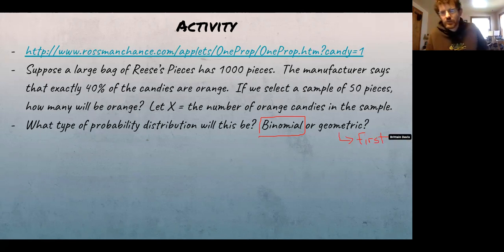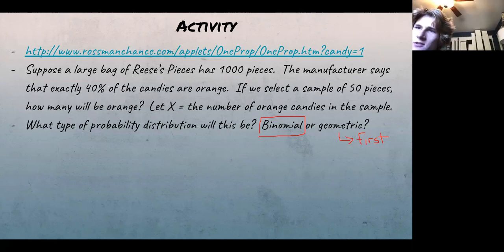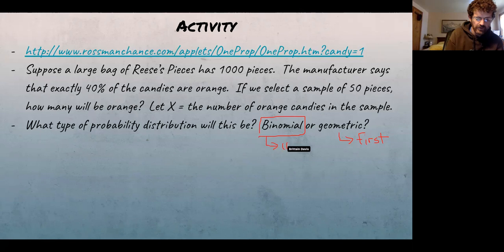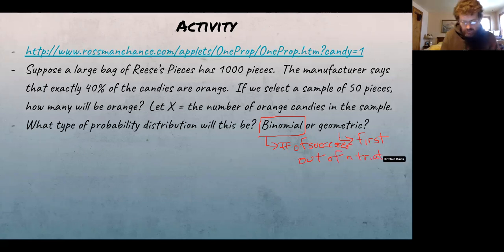What is binomial looking for? The number of successes in a certain number of trials. There you go, number of successes out of n trials. All right, so that's what we're dealing with, binomial.